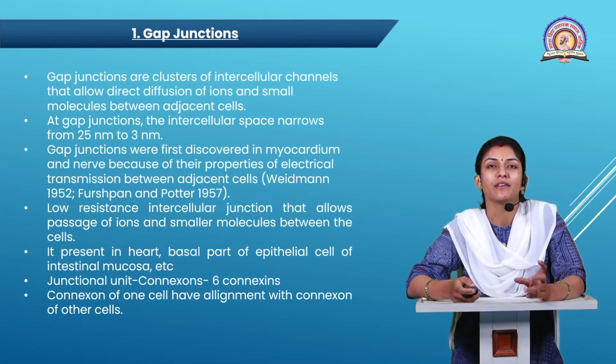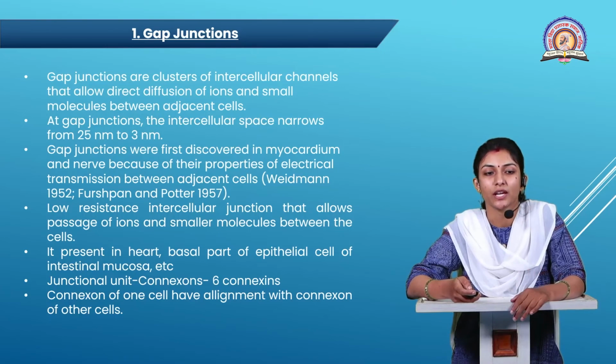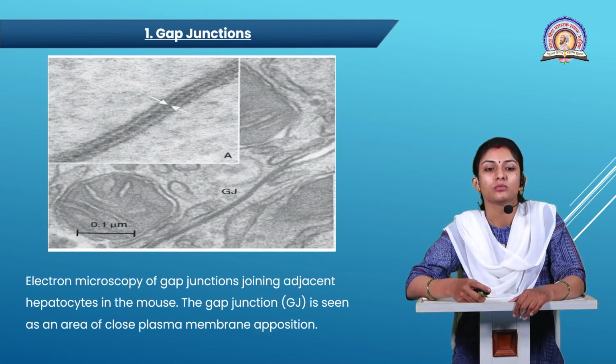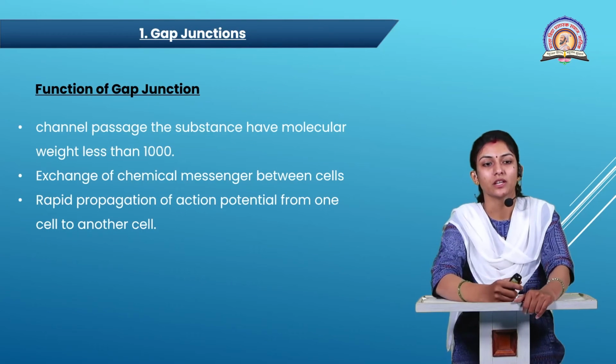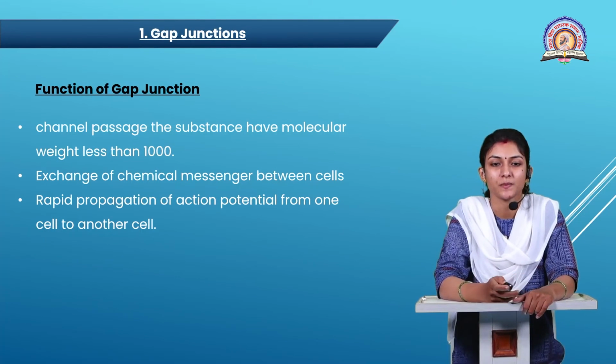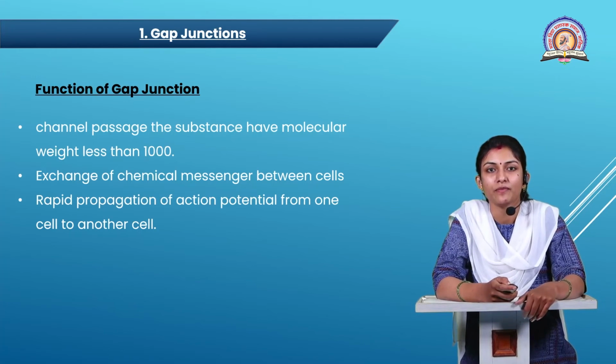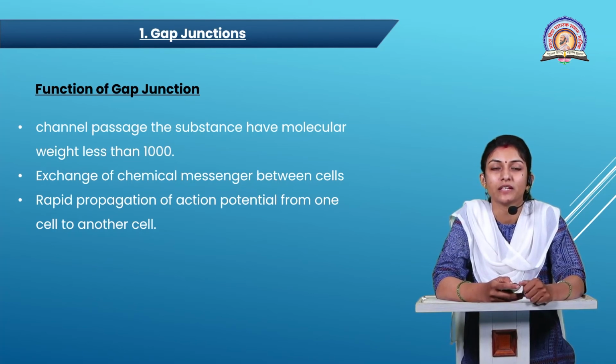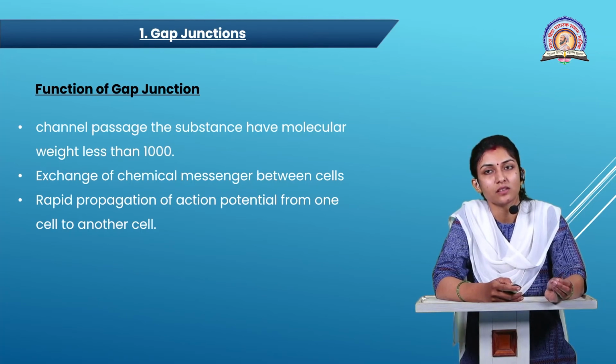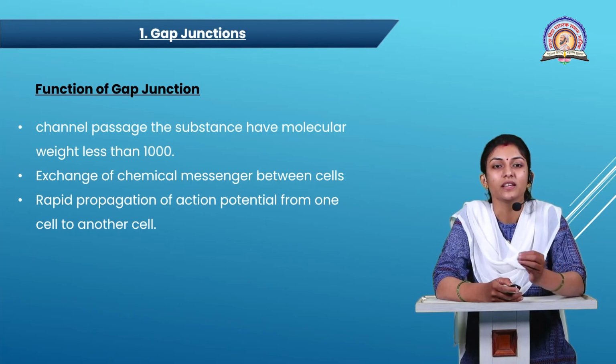A gap junction has an intercellular space narrowed from 25 nanometers to 3 nanometers. This is the electron microscopic structure of gap junction. Function of gap junction includes channel passage of substances having a molecular weight less than 1000. Such molecules having a molecular weight less than 1000 are transmitted via the gap junction.